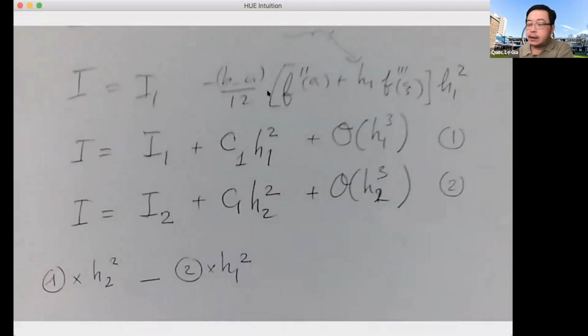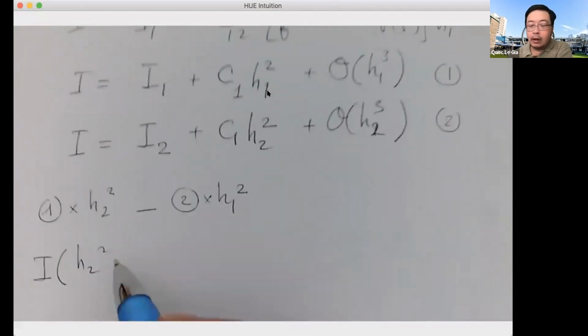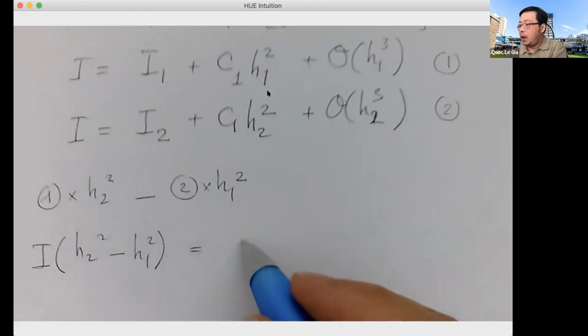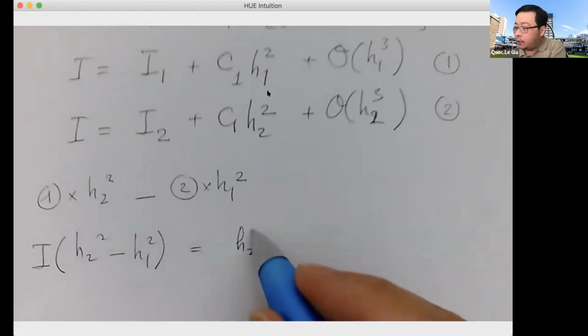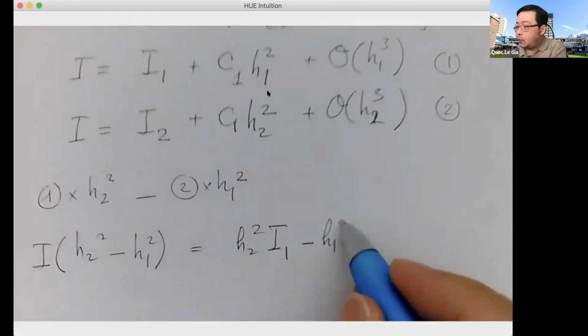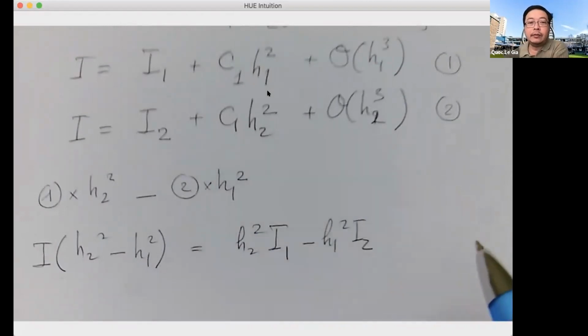That is exactly what I'm going to do. So I take I times (h2 square minus h1 square), and then I have h2 square I1 minus h1 square I2, and this term goes away.